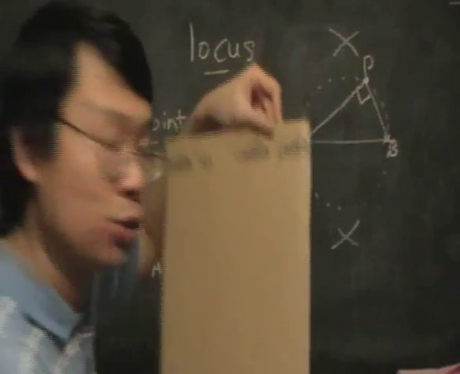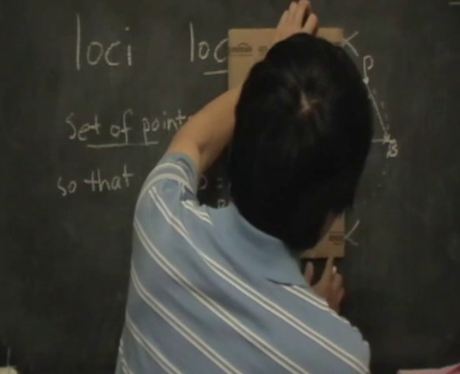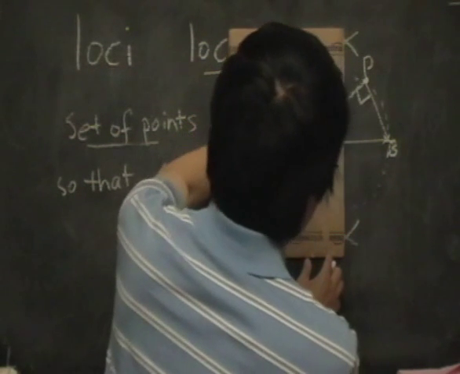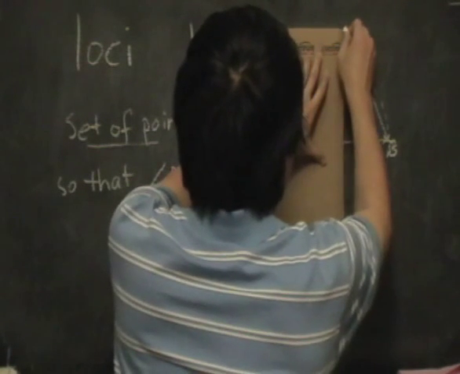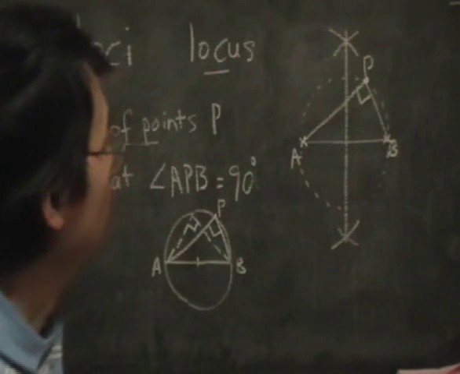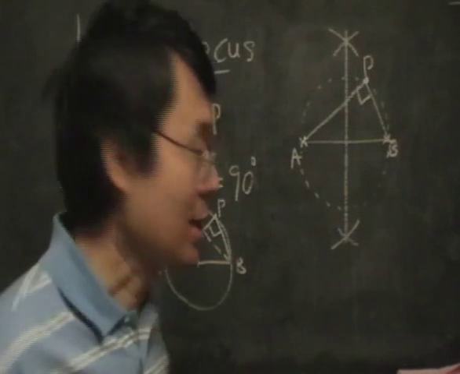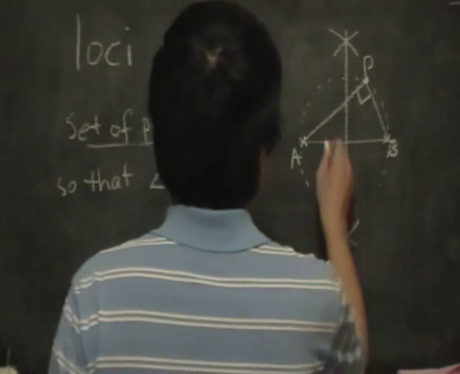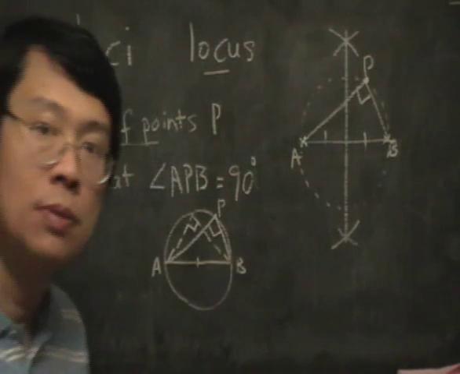Take out my straight edge, put it by the new points formed by the arcs. Draw a straight line through them. And this is the perpendicular bisector that cuts AB into two equal halves.